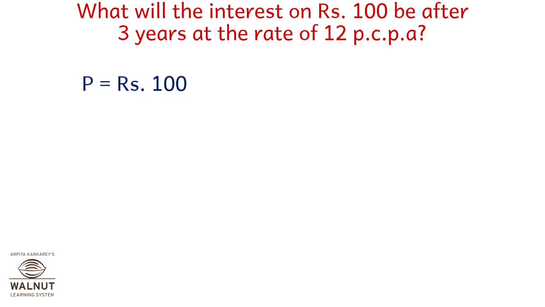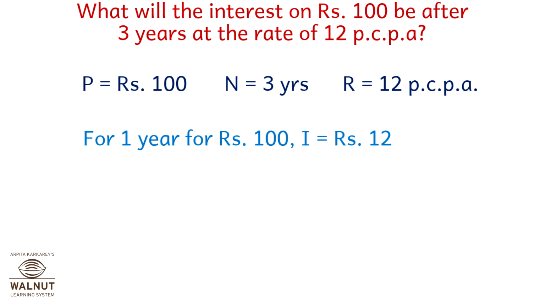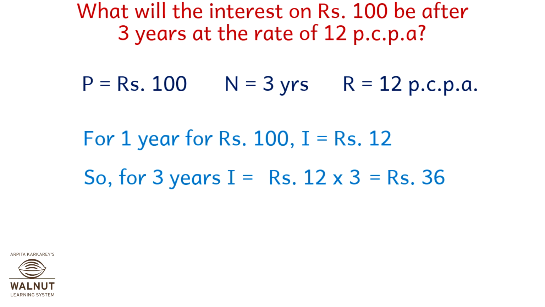P is equal to rupees 100. N is 3 years. R is 12 p.c.p.a. For 1 year, for rupees 100, I is equal to rupees 12. So, for 3 years, I is equal to rupees 12 into 3, which is rupees 36.